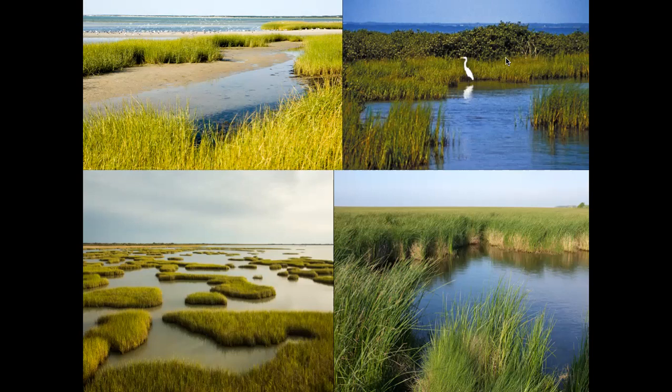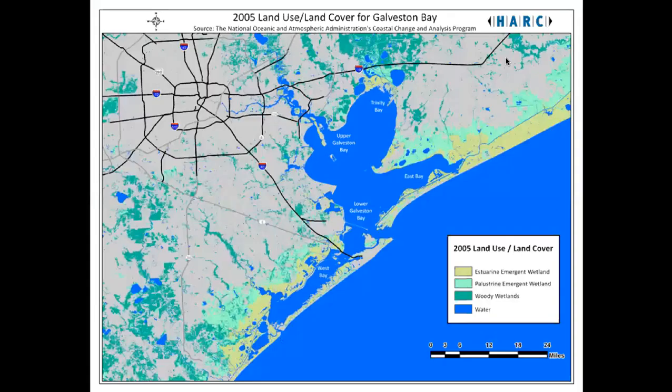Texas contains 5 different types of wetlands: deep water swamps, playa lakes, riparian wetlands, saline and brackish marshes, and freshwater marshes. Our focus today is on freshwater marshes.